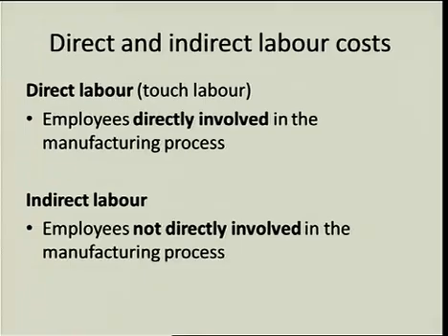Then you get your indirect labor. These are the employees not directly involved, but they are on the factory floor. That's your supervisor, your cleaner. They are part of the factory floor, but they don't touch the product. That is how you can distinguish between direct labor and indirect.